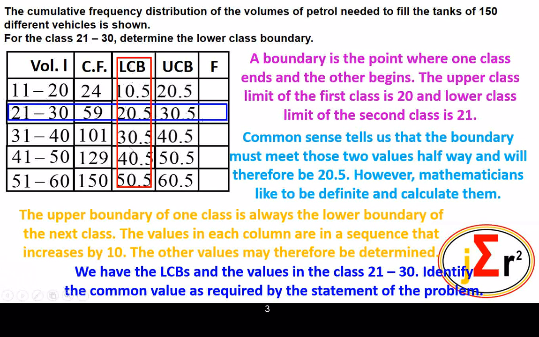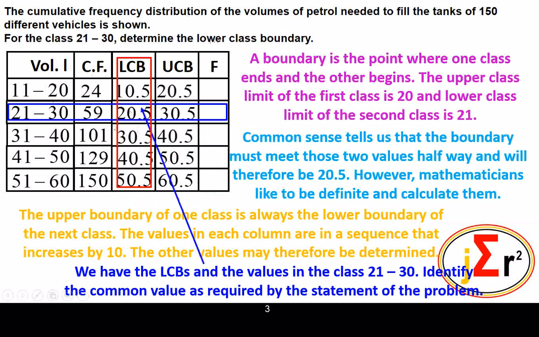And here we have all of the lower boundaries, and we can see where those two set of values intersect, and that will be no doubt the lower class boundary of the class 20 to 30.